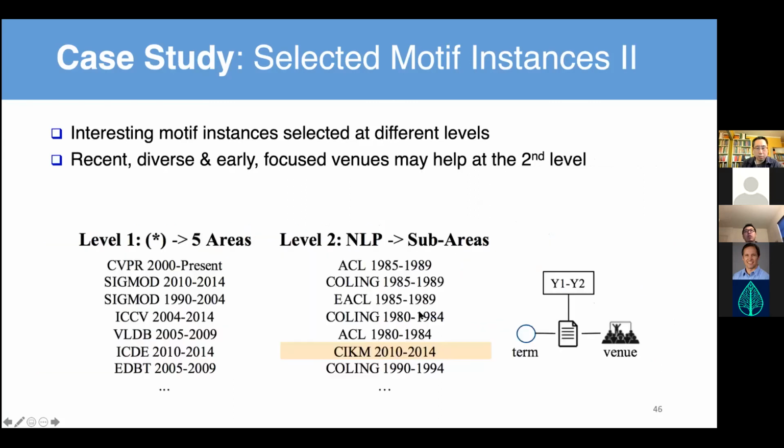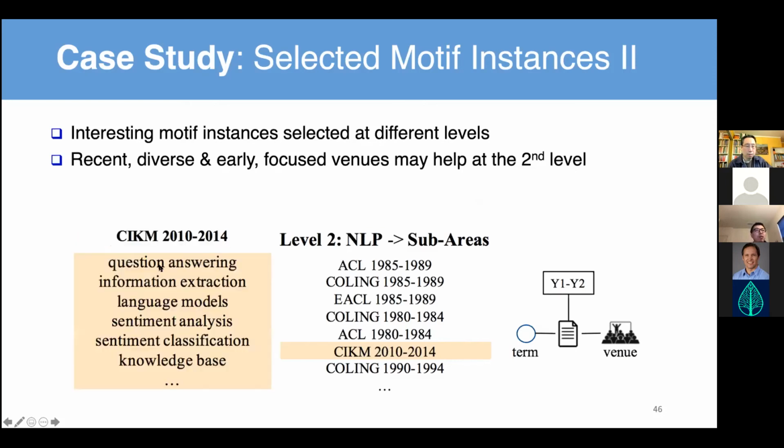And there's some interesting observation from the venue with year range. When we are diving deep into NLP, we realize there's a data mining venue here, CIKM, from this particular year. So we were surprised, and we were also not sure whether our model was performing correctly. So we did the same exercise. We retrieved the documents within this cluster from CIKM within this period.